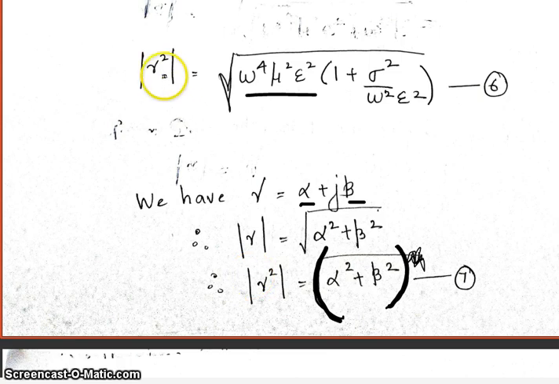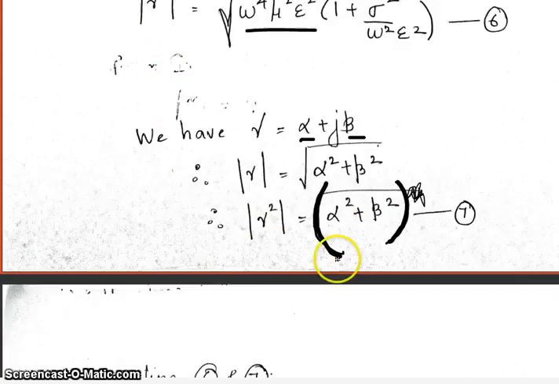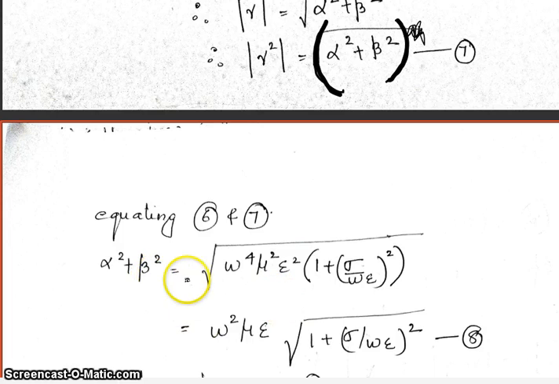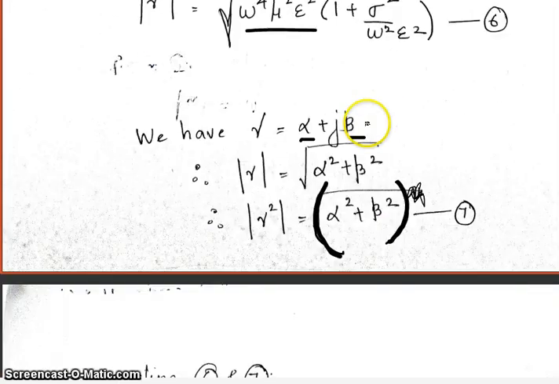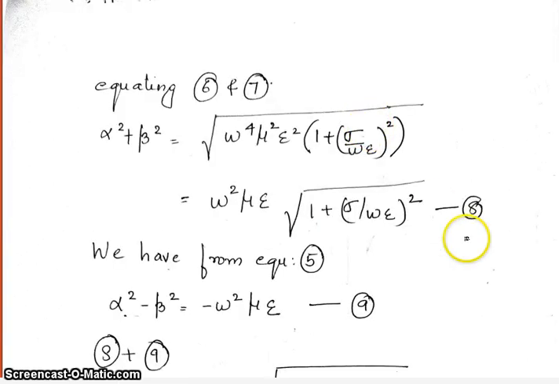The left hand side is equal, so the right hand side can be written as alpha square plus beta square is equal to the square root of omega raised to 4 mu square epsilon square into 1 plus sigma by omega epsilon the whole square. I am taking this term outside the root. So I can write omega square mu epsilon into the square root of 1 plus sigma by omega epsilon the whole square, which is equation 8.